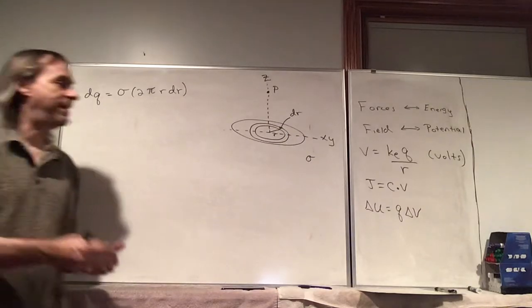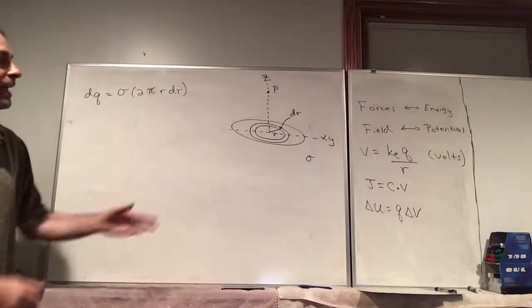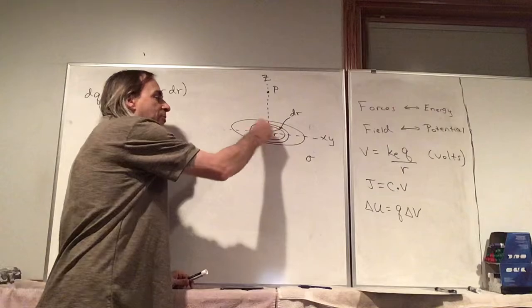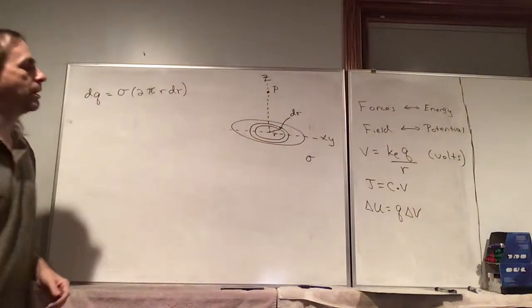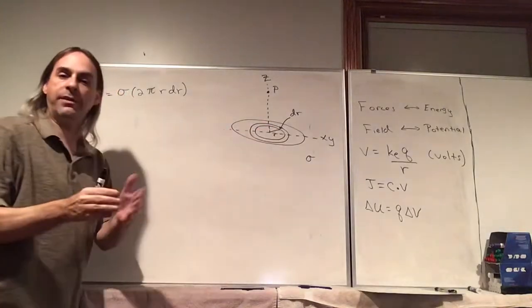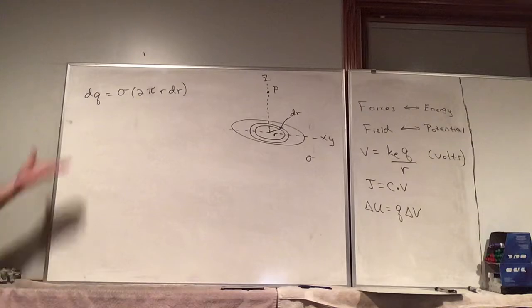If you had a finite thickness, you'd have to integrate from the inner radius to the outer radius. And that's what we're going to do to get this disk. We'll consider a collection of rings, starting with a thin one, each with a thickness dr, and build it up over the entire disk.